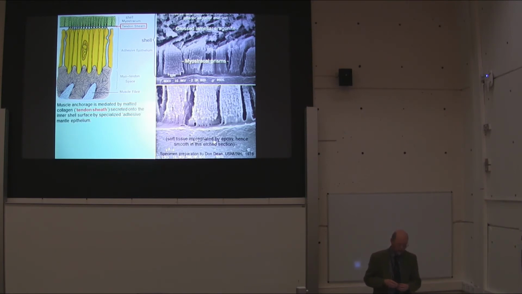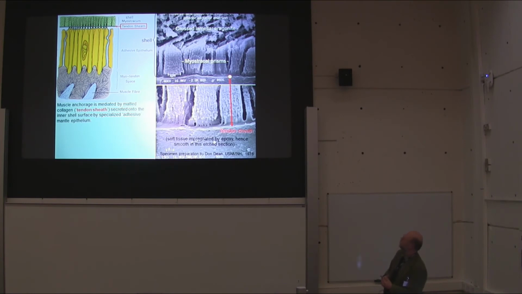And on the right-hand side of the picture, if we look closely at the tendon sheath, what we have here is a sample of the muscle shell attachment of a recent bivalve that has been embedded in epoxy.